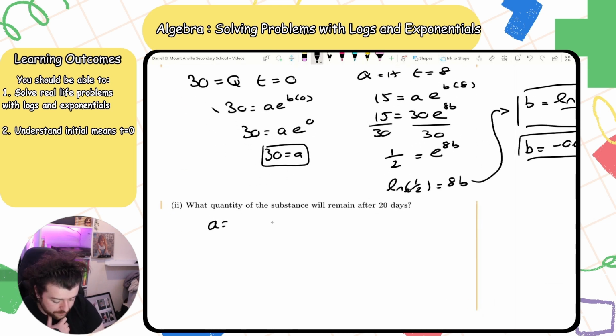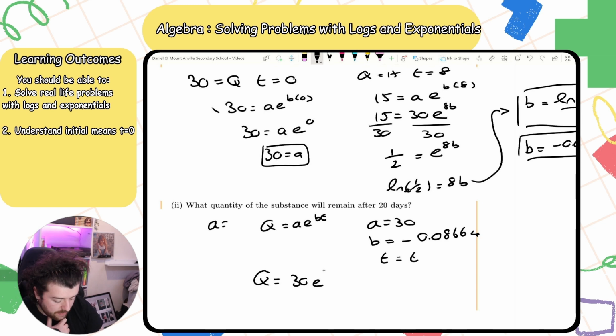So Q equals A e to the bt. Well, I know A is 30. I know B is minus 0.08664. I don't know what t is. So let's sub it in. Q equals 30 e to the power of minus 0.08664 times 20, because time is 20. We want to find out how much is left after 20 days.